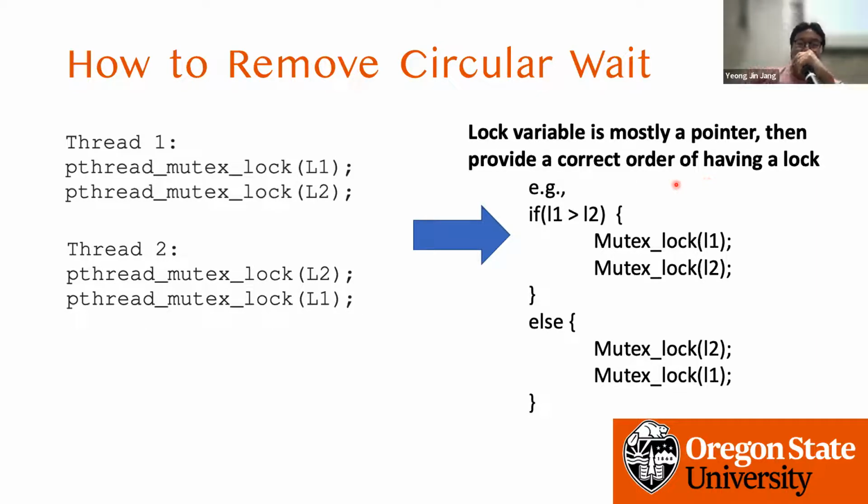Because the lock variables are pointers, based on the address we can order them and always have the same order across multiple threads for acquiring locks. That would remove the deadlock.